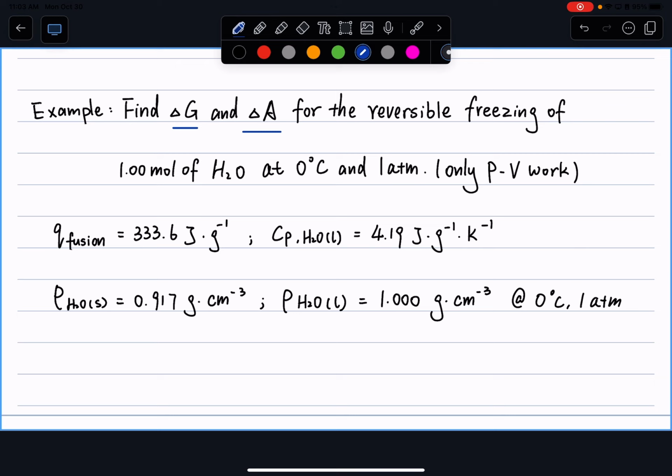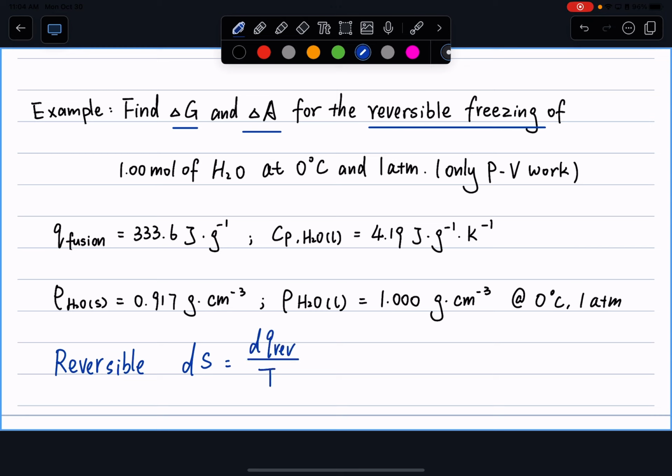So it asks us to calculate delta G and delta A. In this process, we're dealing with a reversible freezing at constant pressure. So our reversible freezing tells us dS equals dq reversible over T. In this case, it's just the change of dq freezing.